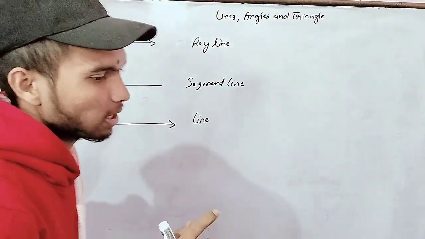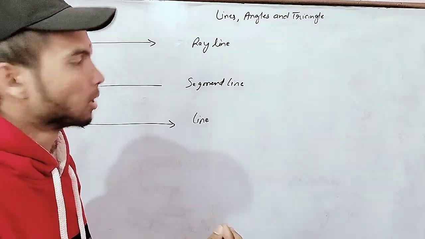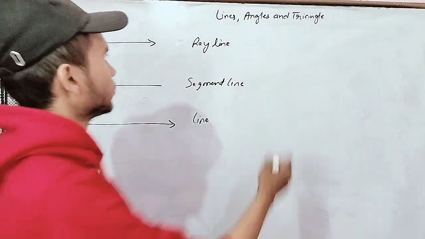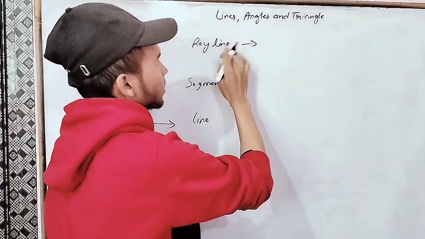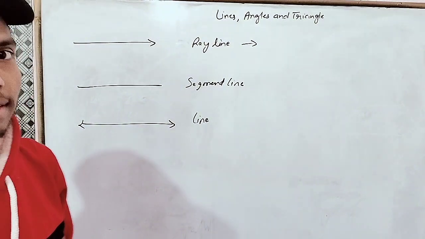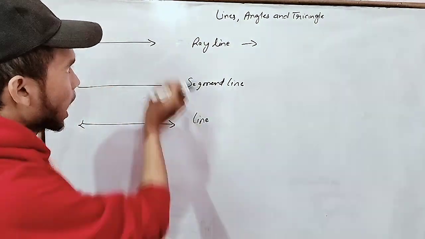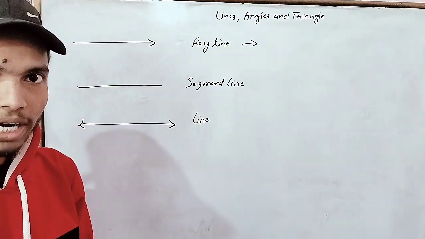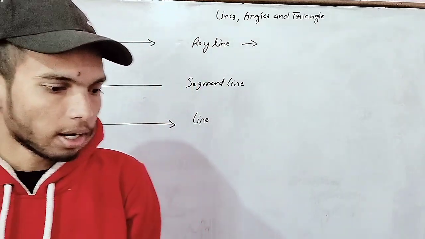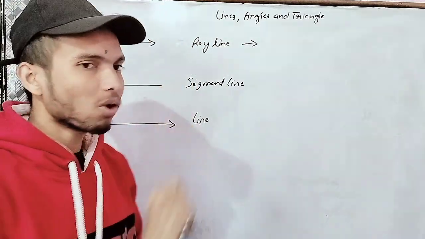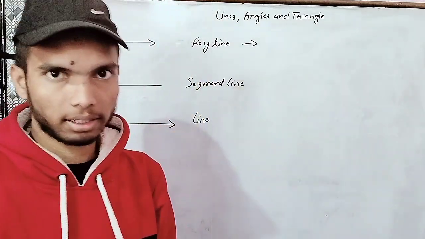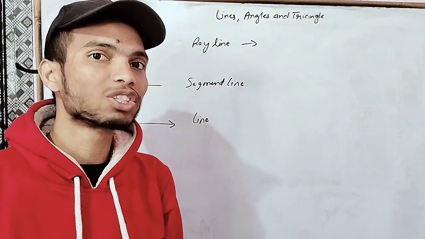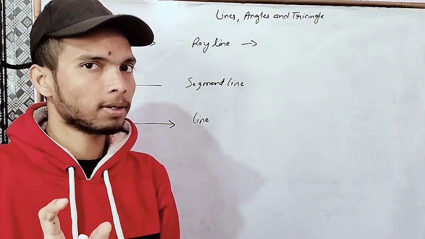Now let's understand the definition, the meaning of each of these lines. A ray line says that the arrow side represents that the arrow is going to infinity, with a distance of infinite. Are you understanding?